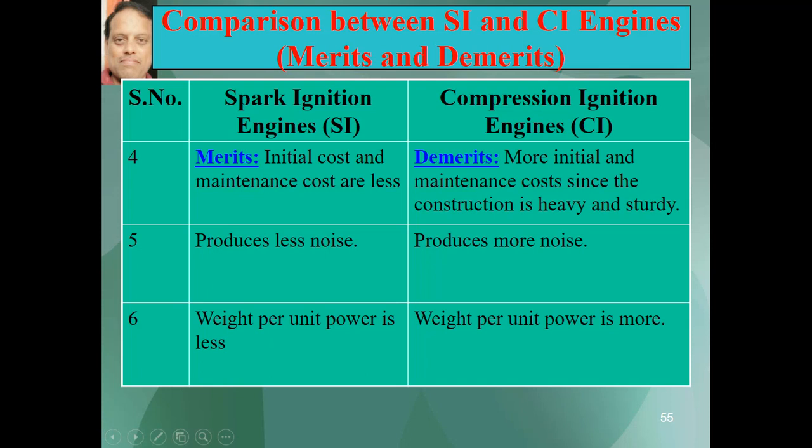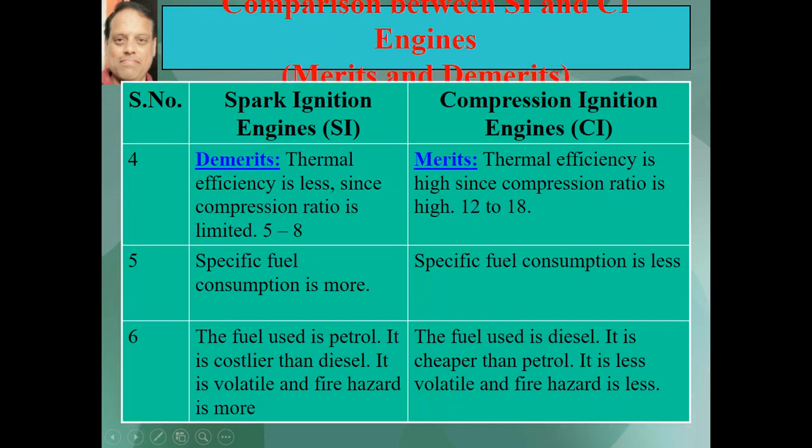Thermal efficiency is also to be compared here, is less in case of the spark ignition engine. That's why they produce a light effort, whereas thermal efficiency is very high because the compression ratio is from 12 to 18.